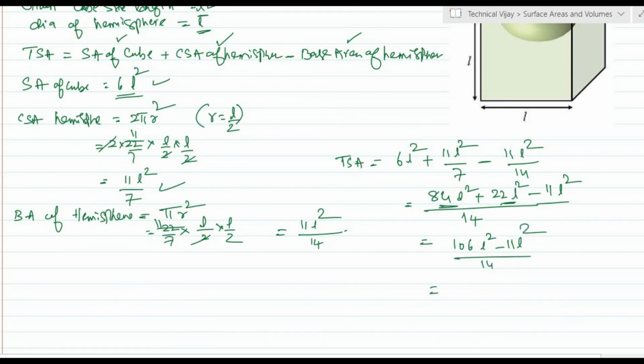So 84 plus 22 is 106, minus 11, which is equal to 95L square divided by 14. So 95 by 14 into L square is the total surface area of the solid.